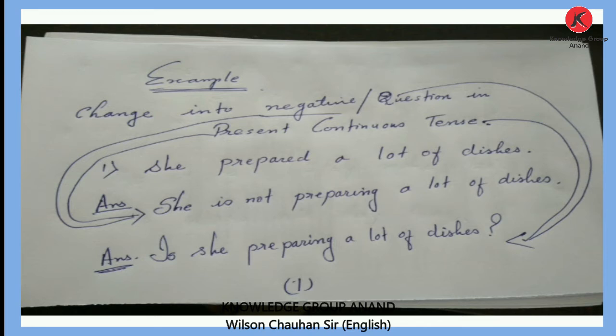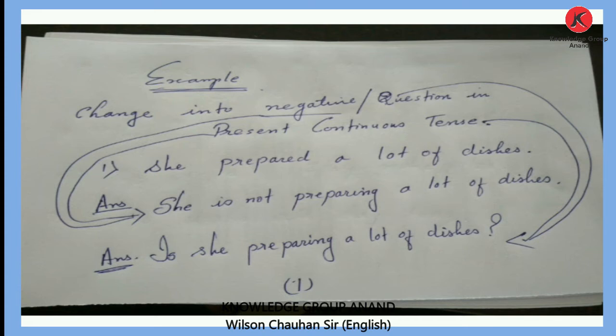Now she is the subject, prepared is the past tense of prepare, and there is an object. Which means subject plus V2 or past tense of the main verb plus object. This is the formation of simple past tense.